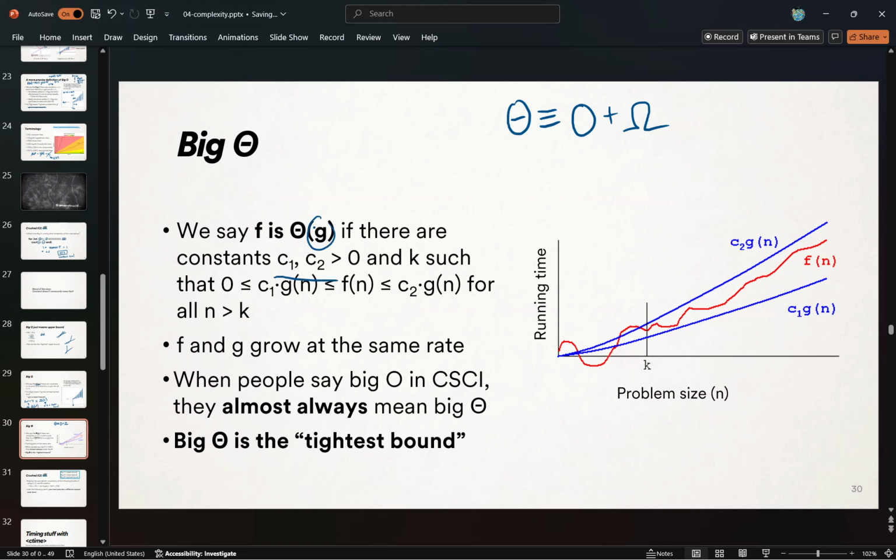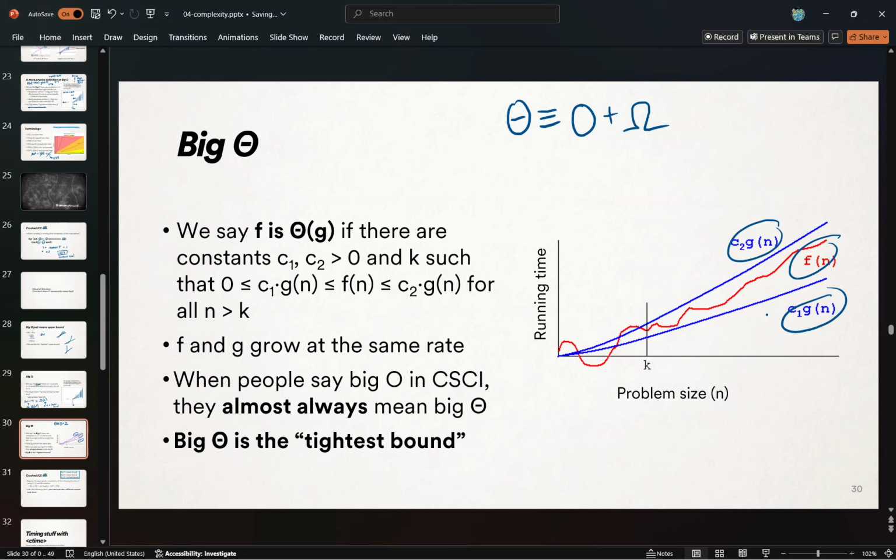You can scale g by a little bit or a lot, two different ways potentially. And when you do that, after a certain point in time, k, then your function f is sandwiched by both of those versions of that function g. The one that's squished down maybe by c1, the one that's squished up by c2. It's always between them at that point.